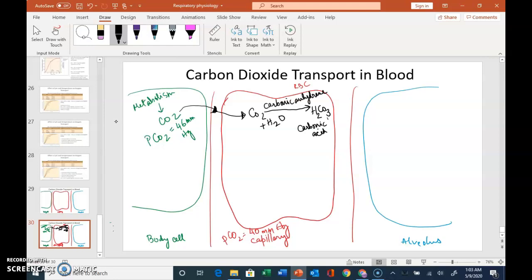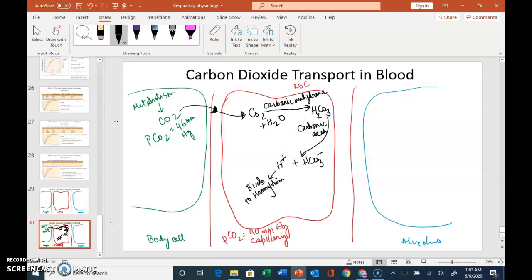The carbonic acid then immediately dissociates to form hydrogen ion and bicarbonate ion. The hydrogen ion binds to hemoglobin so that it doesn't change the pH of RBC. So it binds to hemoglobin.